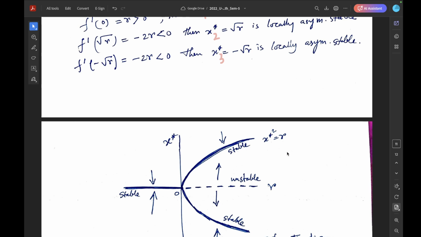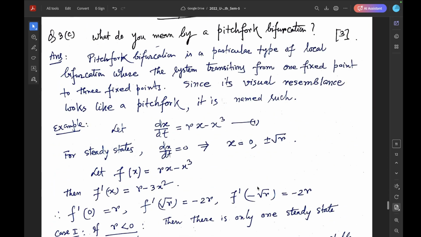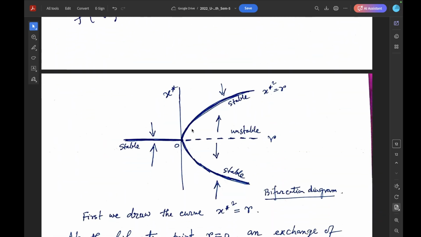So either x star equal to 0, which is this line, or r minus x square equal to 0, so x square equal to r. So this is the parabola.